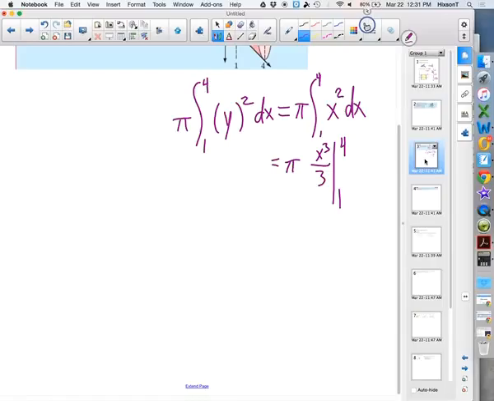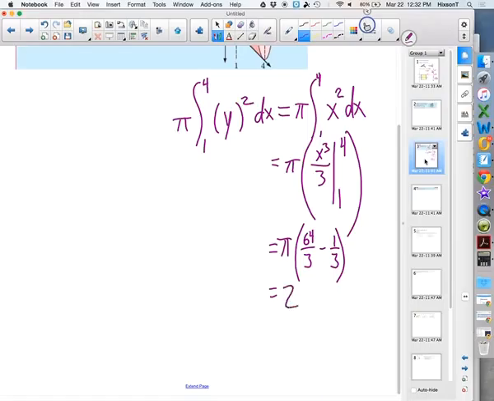So we have pi times 64 over 3 minus 1 over 3, which happens to be 63 over 3, which equals 21. So this equals 21 pi. And since this is volume, it would be units cubed.